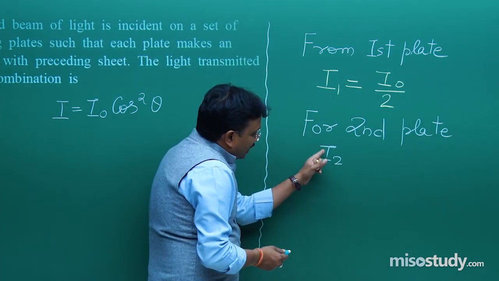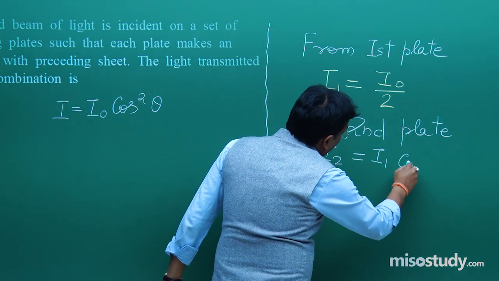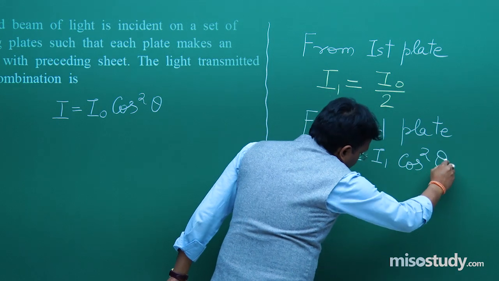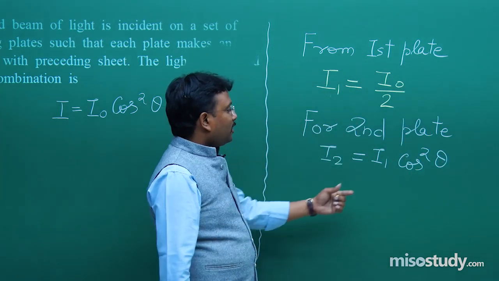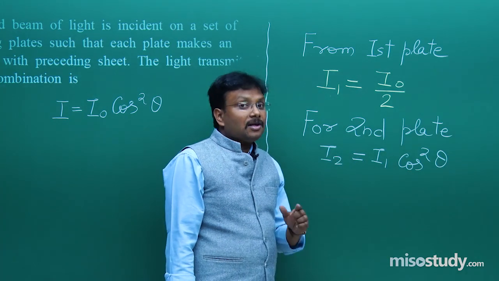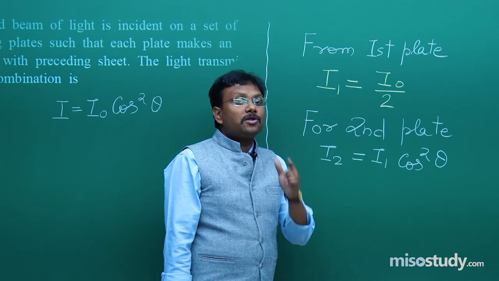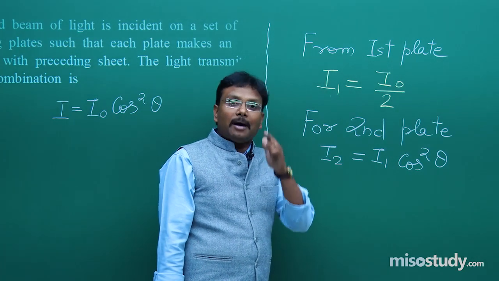Okay, so I2 is equal to I1 cos square theta. Fine. Now what is the value of theta? Pi by 3. Pi by 3 means 60 degree and cos 60 is 1 by 2. So square of 1 by 2 is 1 by 4.